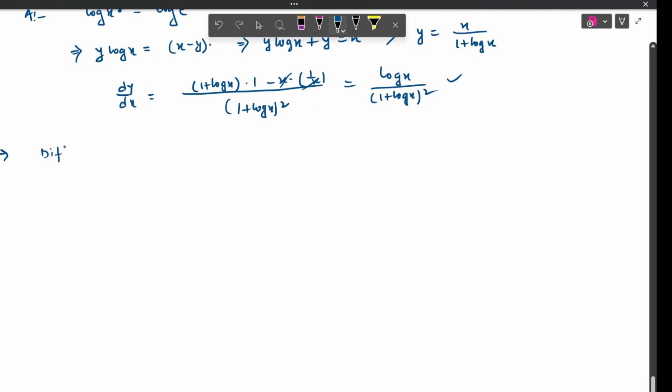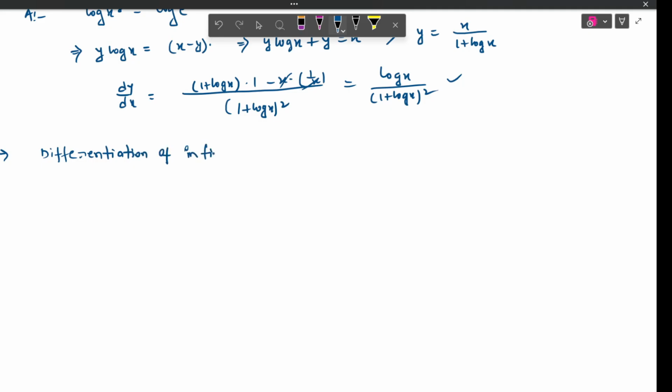Differentiation of infinite series. Okay.